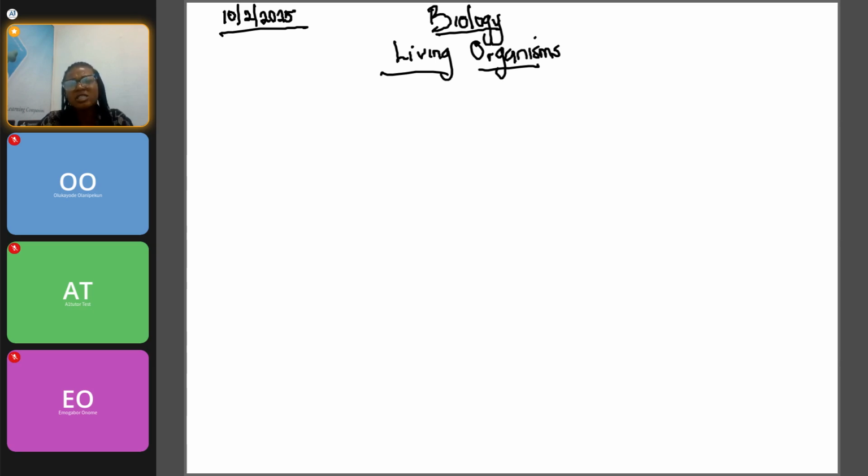Have you experienced a situation whereby you see a stick-like structure on the floor, and when you touch it you see it moving, and you say, oh, this thing is an insect?